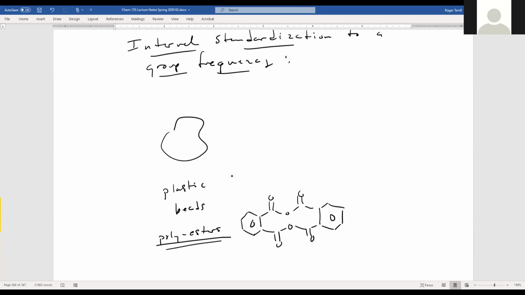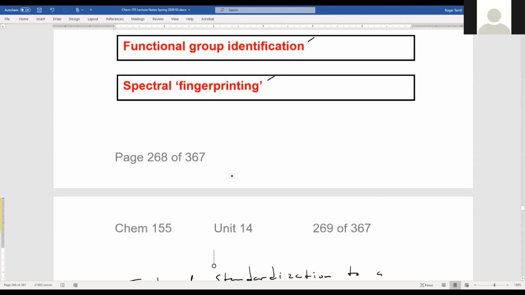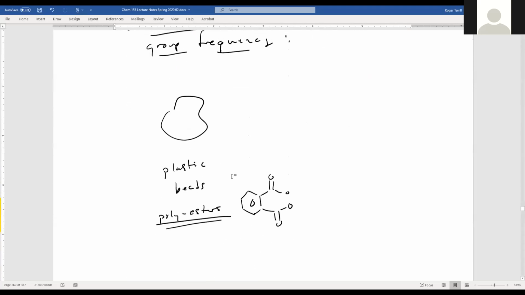Oops. Let's see here. There's a monomer from, oops, this is the PETE group, right?